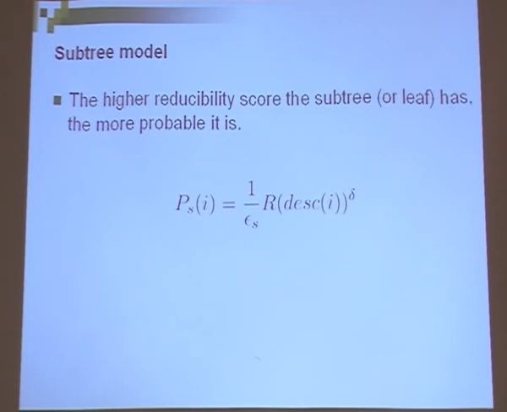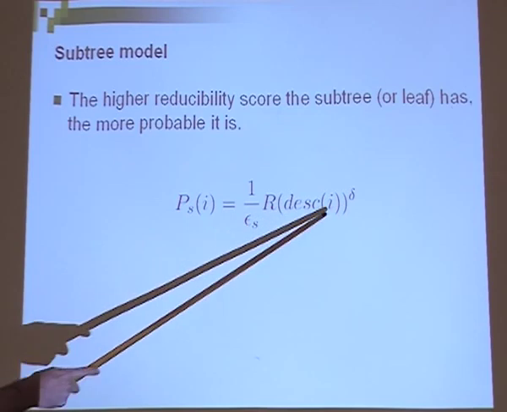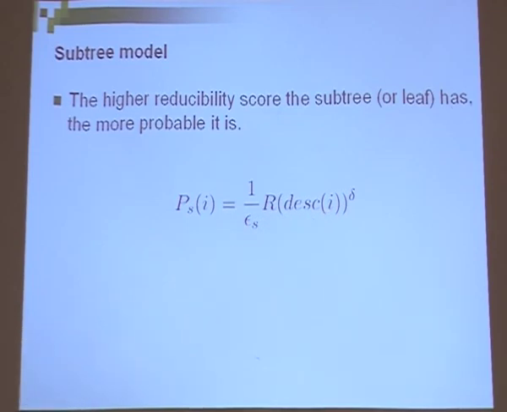And the last model is the subtree model. In the subtree model we use the reducibility feature. So it is the probability of the subtree. A subtree of a node is this node and all its descendants. And it says that if the reducibility of this subtree is high, the probability will be also high.